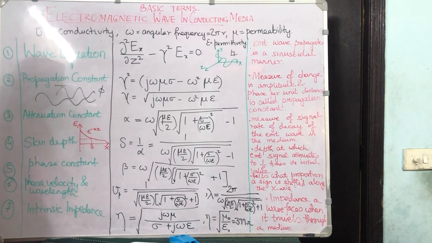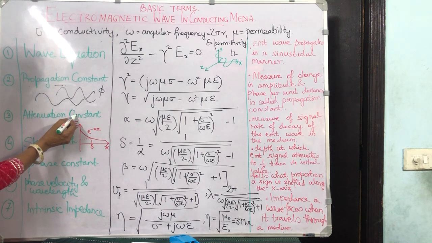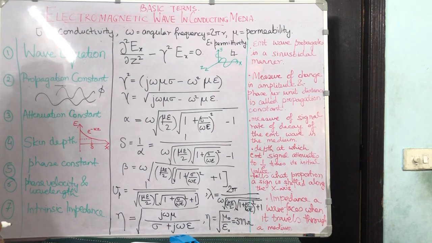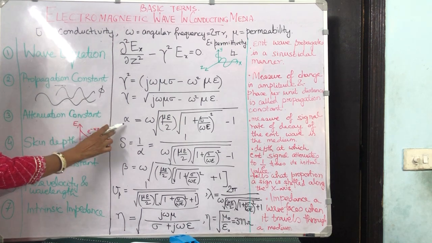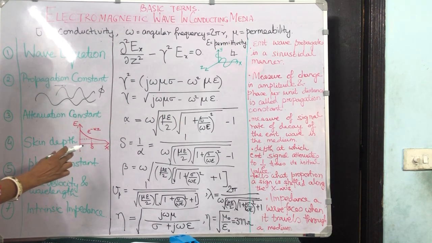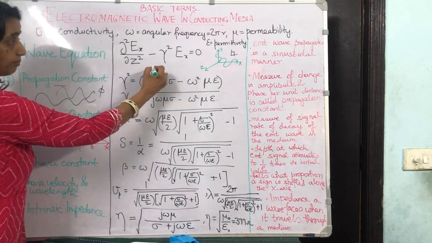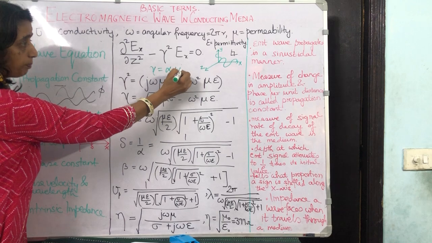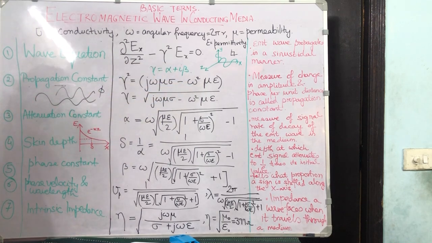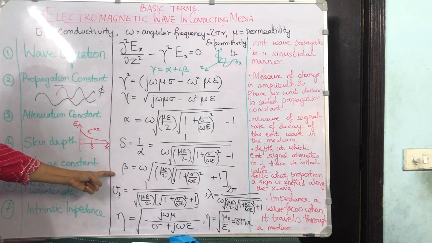Next, attenuation constant. Basically, attenuation in a broad manner means how much the signal has decayed when it has entered the conducting media. If you remember, propagation constant gamma was equal to alpha plus j beta, where alpha is attenuation constant and beta was phase constant.